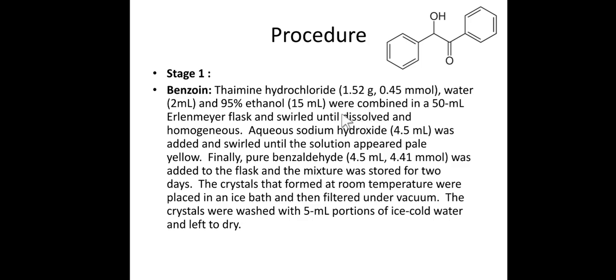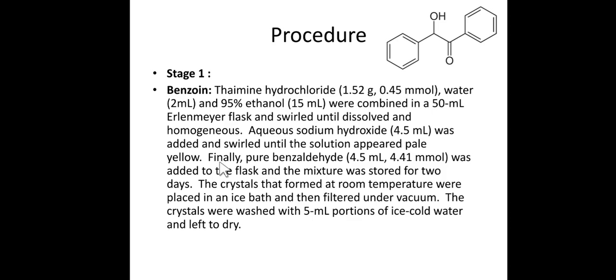Once we get it into the conical flask, we will shake it and make a homogeneous solution. Then aqueous sodium hydroxide 4.5 ml was added. In this case, you can use 50% aqueous sodium hydroxide solution 4.5 ml, and we will stir it until the solution appears pale yellow in color.